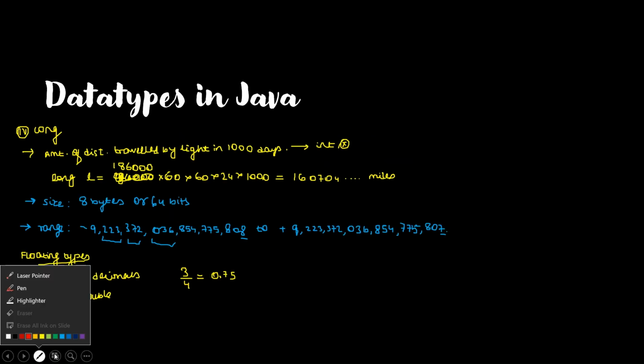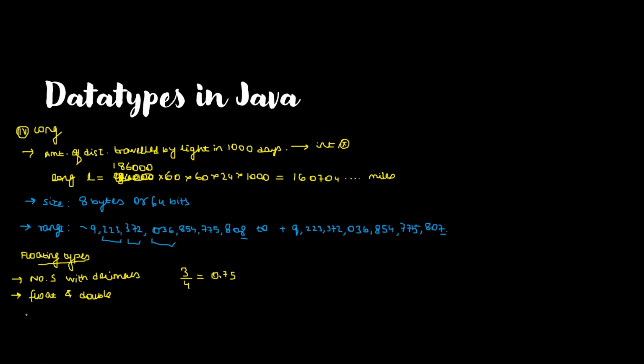Now let's talk about the float data type. Now float is just like byte and short. It is used to store single precision floating point values.